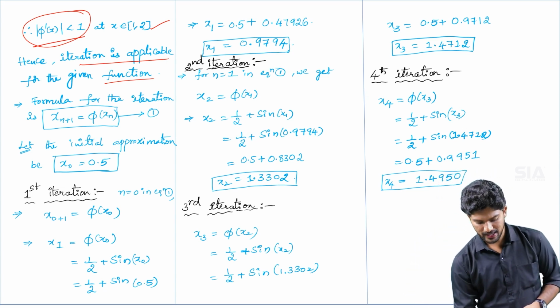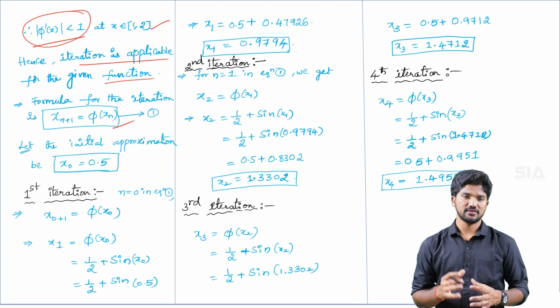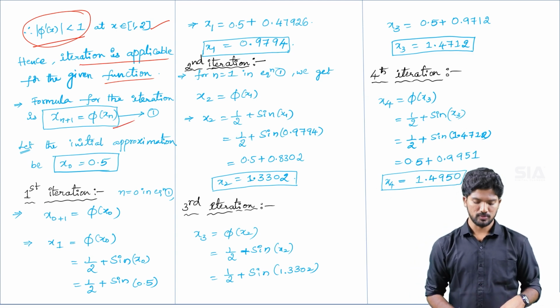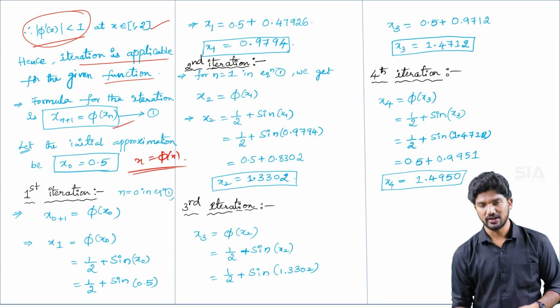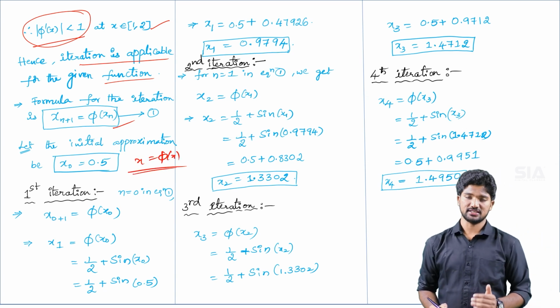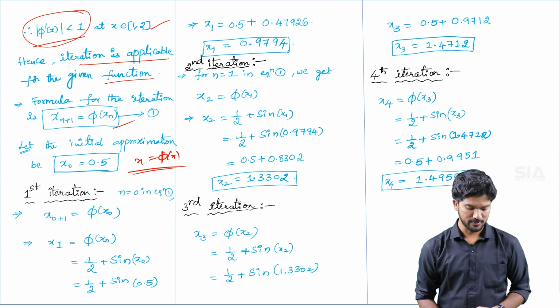Now, formula for the general iteration. That formula is x suffix n plus 1 is equal to phi of xn. You know very well, x is equal to phi of x. For that equation only we are applying those suffixes. x suffix n plus 1 is equal to phi of xn, that is taken as equation number 1.